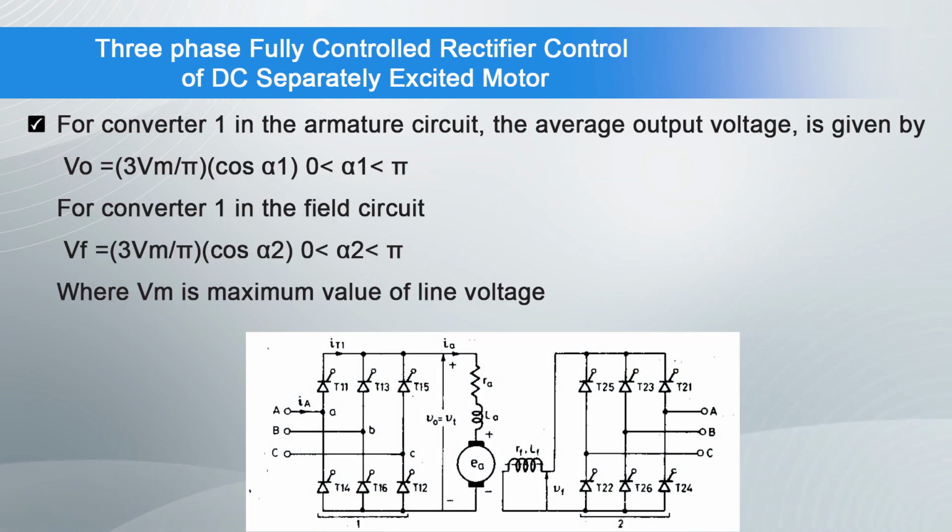For converter 1 in armature circuit, the average output voltage is given by V naught is equal to 3 Vm upon pi cos alpha 1, where alpha 1 lies between 0 to pi, and for converter 2 in field circuit, Vf is equal to 3 Vm upon pi cos alpha 2, where alpha 2 lies between 0 to pi, where Vm is the maximum value of the line voltage.